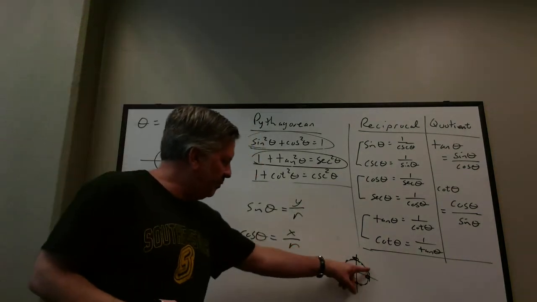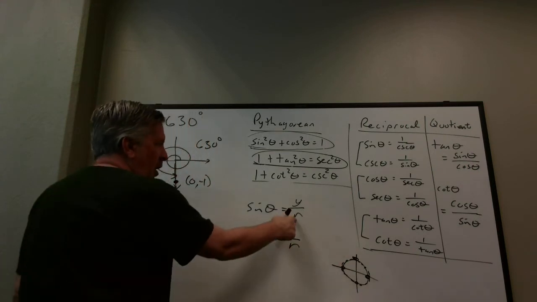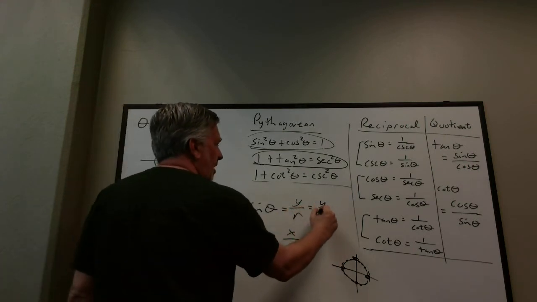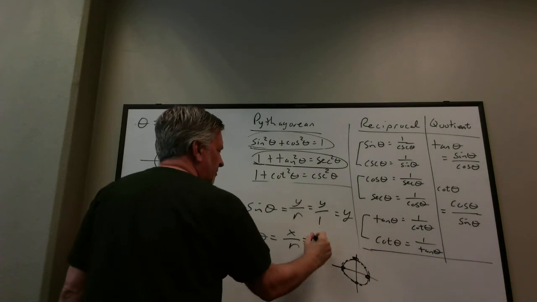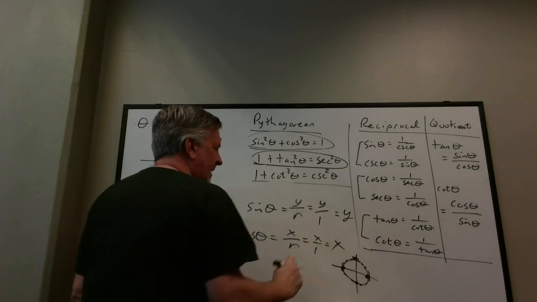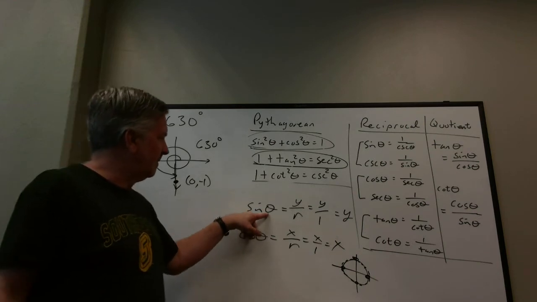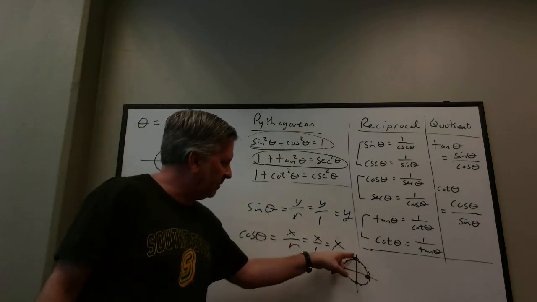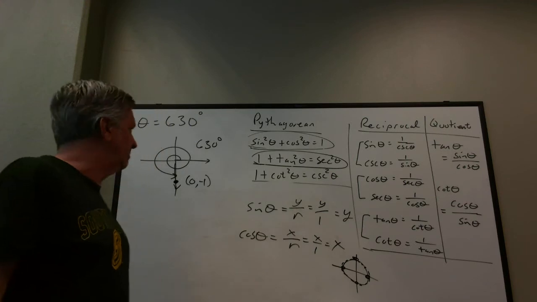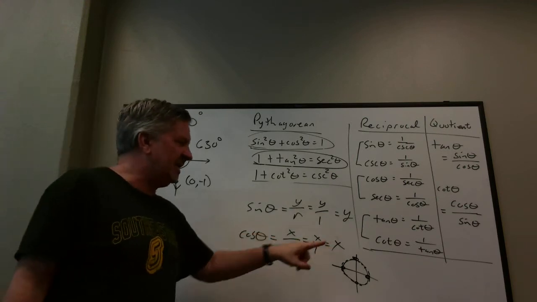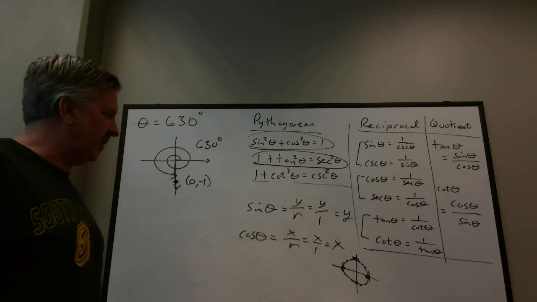So if you pick a point on the unit circle, r is 1, and so this turns out to be y over 1, which is y. This turns out to be x over 1, which is x. So how do you get the sine of an angle when the point on the terminal side is on an axis? It's just the y value. And the cosine is just the x value. It makes things a whole lot simpler.